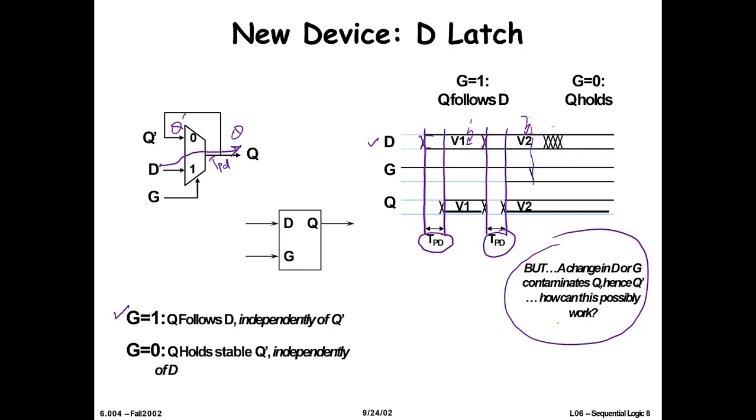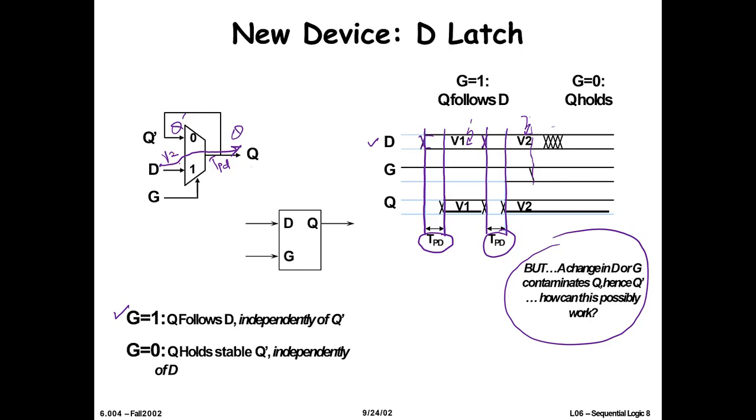How can this possibly work? What is meant by this point? This is very important to understand. Imagine if you apply a value V2 here, and you want to store V2.